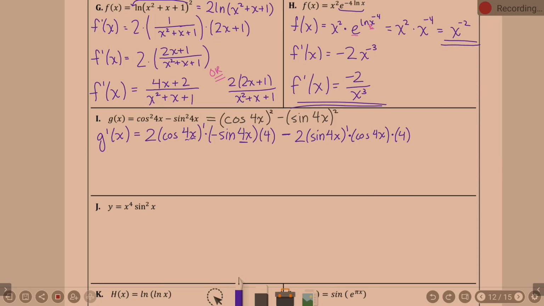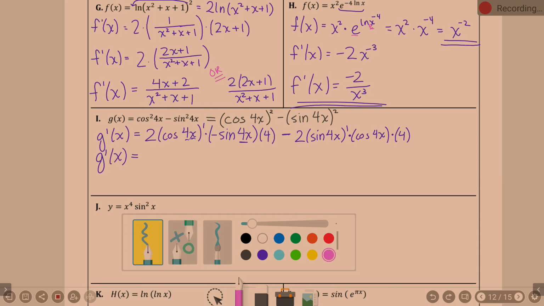Okay, continuing along. The derivative is done, but it needs some serious cleanup. There's basically two big long terms here, right? As we clean this up, on the first term, what do you guys see?